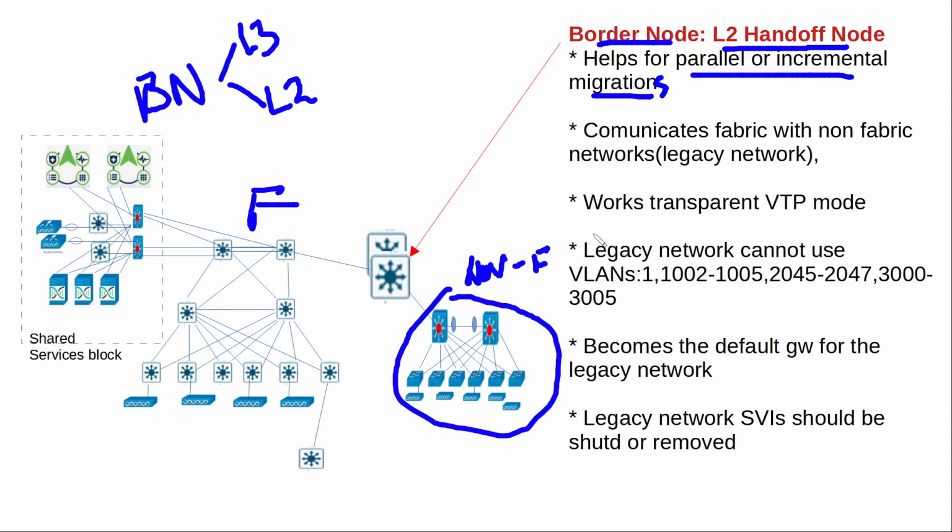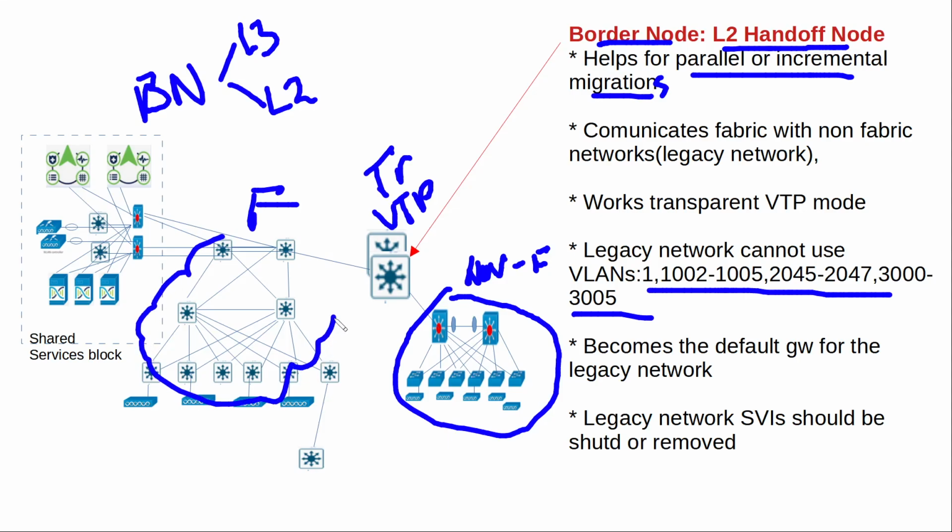In order to do so, this particular device will work in transparent VTP mode. We will not be able to use these VLANs in the traditional network, so we will not be able to communicate these VLANs with the equivalent of them in the fabric. In this case, this handoff node becomes the default gateway for every single VLAN that exists in your traditional network.